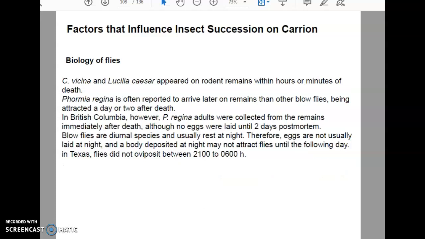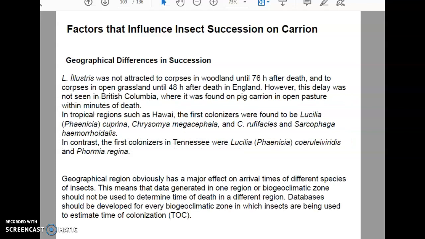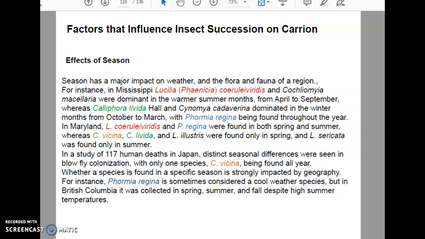All right, here's some biology about flies if you have an interest in it. Some geographical differences in succession. Season also often plays an important aspect of it, along with the plants and animals in the region.